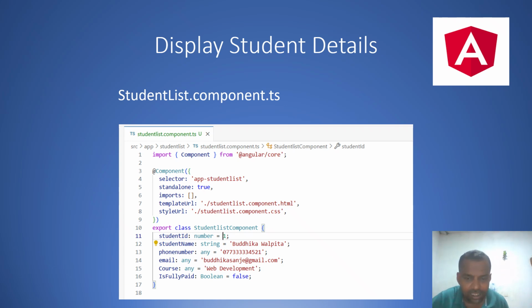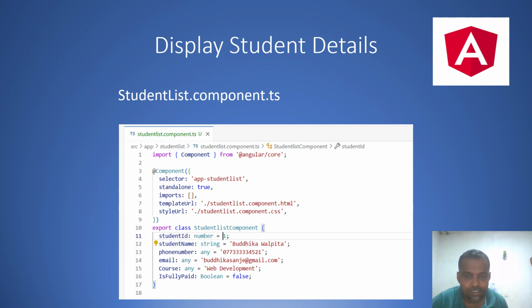Here you can see I assign one to the student ID, then my name as student name, phone number, email, course, and is fully paid. And this is actually where we type the code in the TS file.